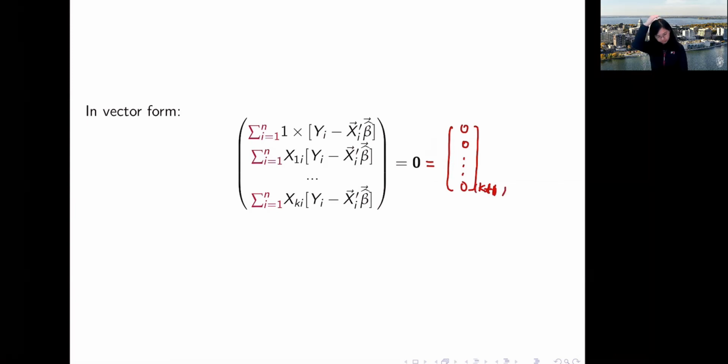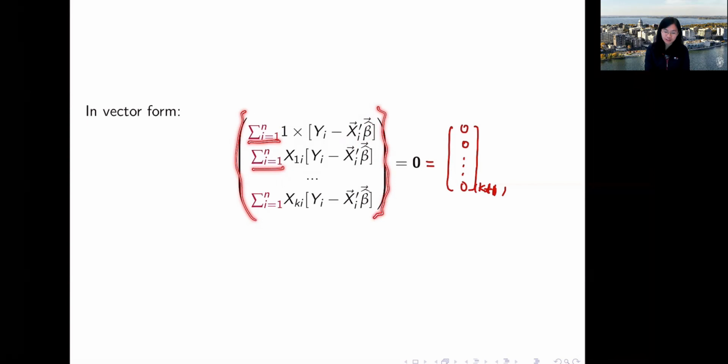Okay. So this first order condition can be written in this vertical form, in this vector form. And summation is simply addition, right? Summation is just addition. We are adding up all these scalar numbers for i from 1 to n. We're adding up the n of this. So this is actually a vector addition result.